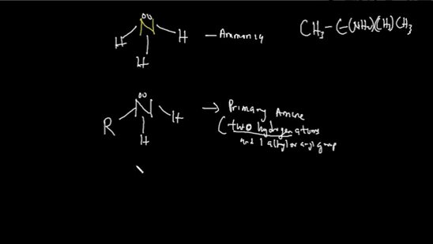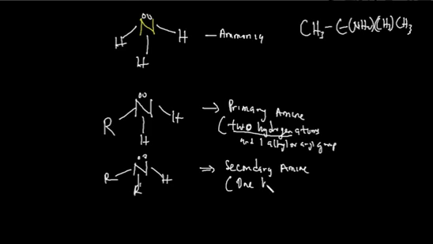Now, secondary means I'm going to replace two hydrogens with two alkyl groups, so how many hydrogen will be in secondary now? One. Good. Secondary amine means there will be one hydrogen and two alkyls attached to nitrogen, alkyl or aryl.